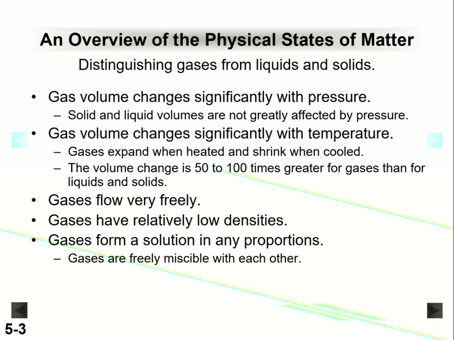And finally, gases tend to form solutions in any proportions. That is, they are readily miscible within each other, which is not the case for liquids and for solids. We'll see some explanation for that in chapter 12. Gases can phase separate, but they generally don't near room temperature and under normal conditions near sea level.